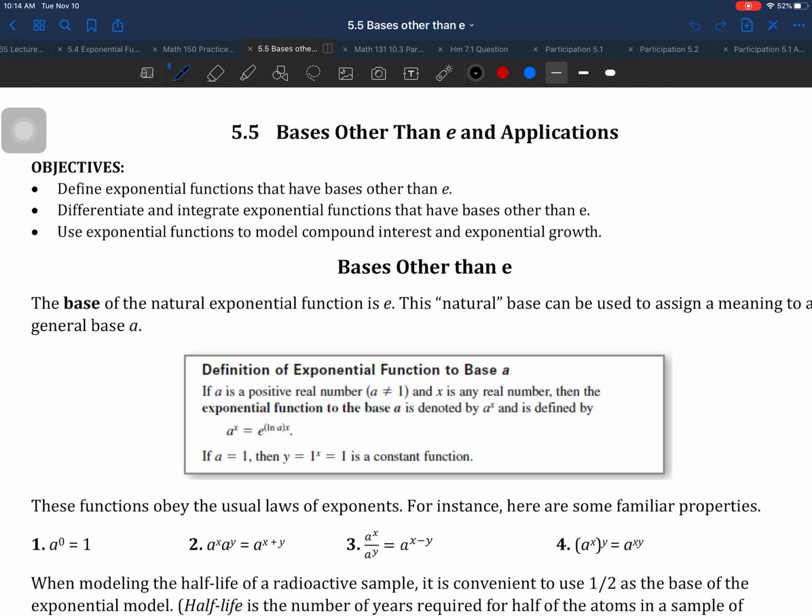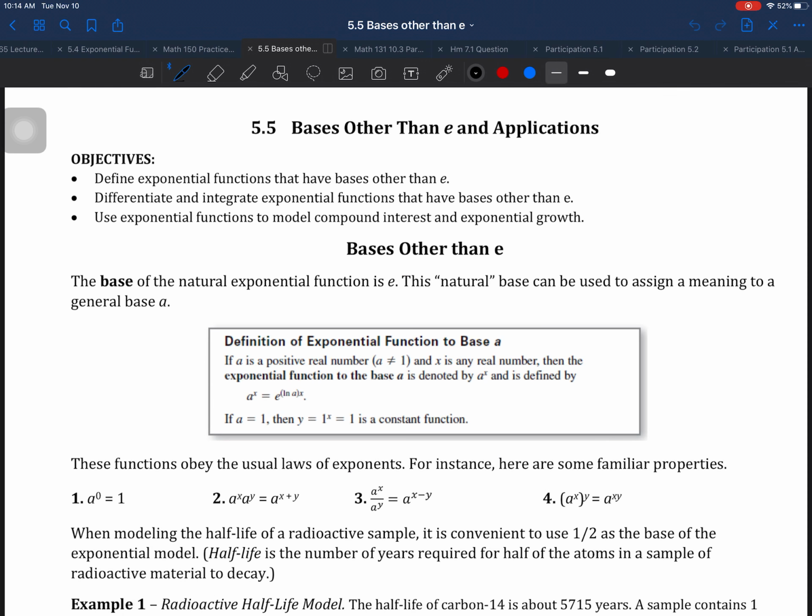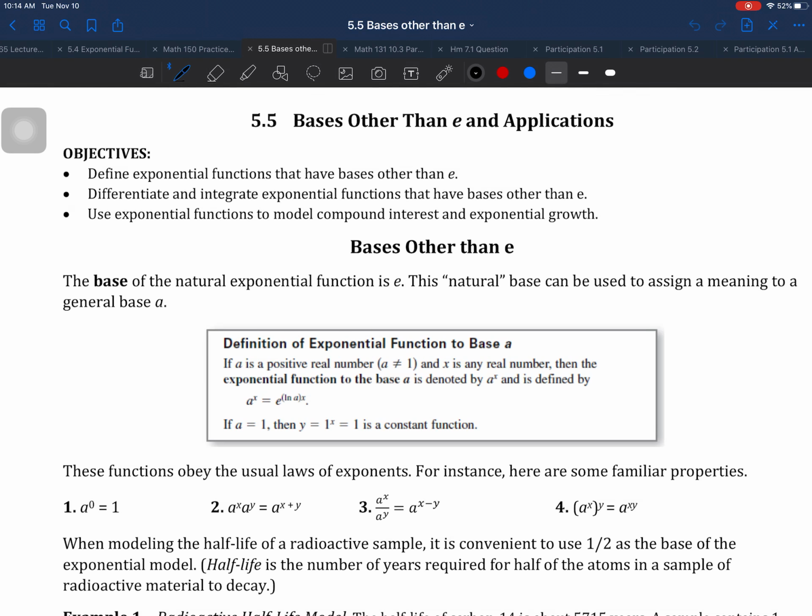So the base of the natural exponential function is e. That's why we call it the natural exponential. This natural base can be used to assign a meaning to a general base a, such as what we're going to do in the next definition.